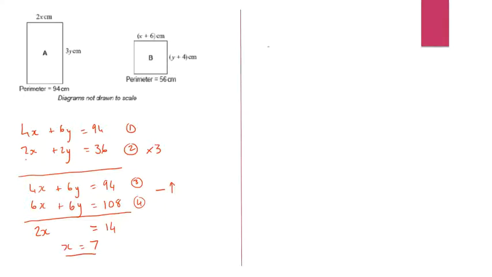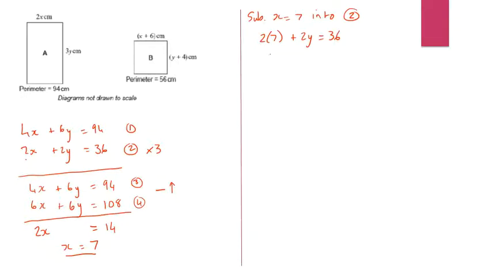At this stage, I need to find what y is, so I need to substitute x equal to 7 into equation number 2, because the numbers are much smaller in this one than equation number 1, so easier to work with, hopefully. So I'm going to do 2 times 7 for my 2x, plus 2y is equal to 36.